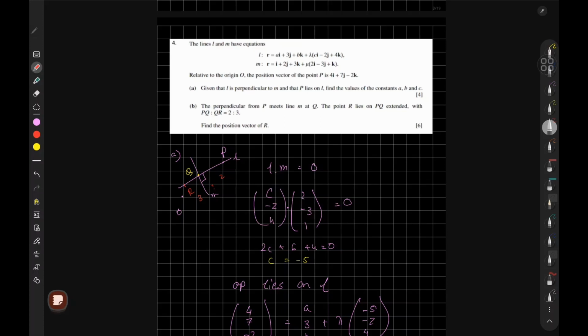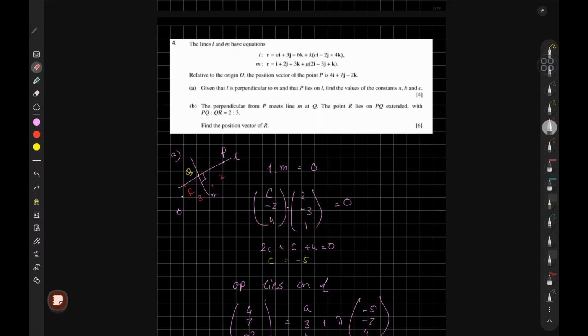And that P lies on L. So P lies where? On the line L. Great. Find the values of the constants A, B, and C. Nice. So they want you to know what the constants A, B, and C are.